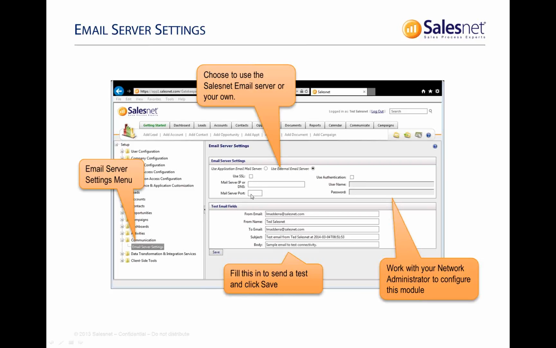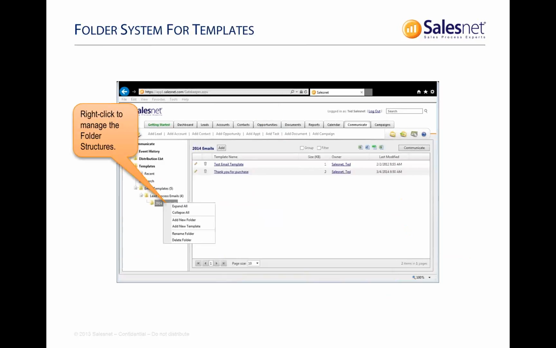And if that's not something that you have, then you probably have to talk to your IT person, if you have one, or the company that hosts your email and website, something along those lines. And then just off to the side here, kind of out of order, we're showing managing the folders in the tree structure by right-clicking on it.